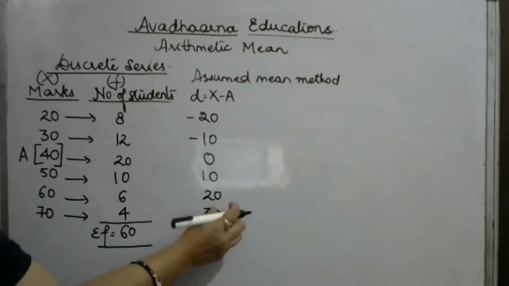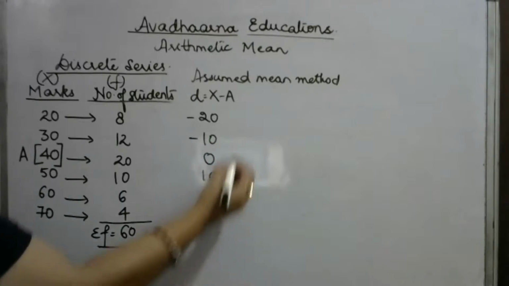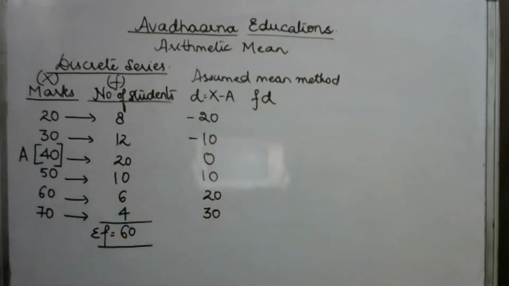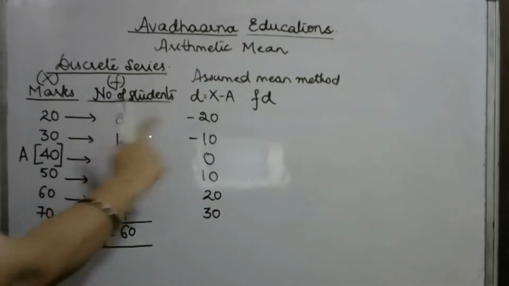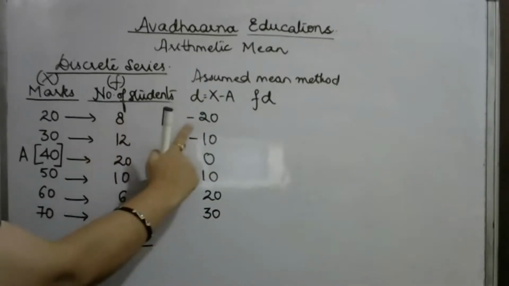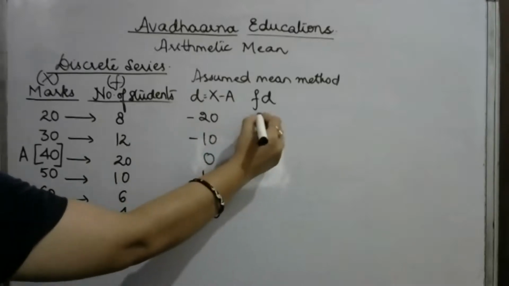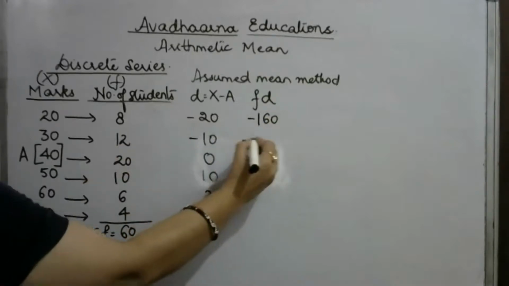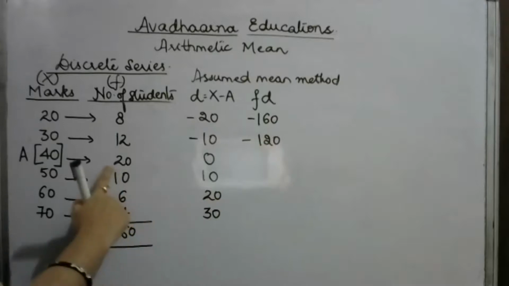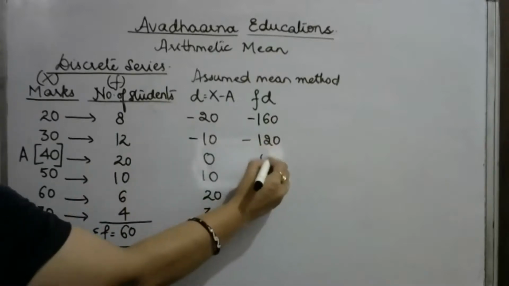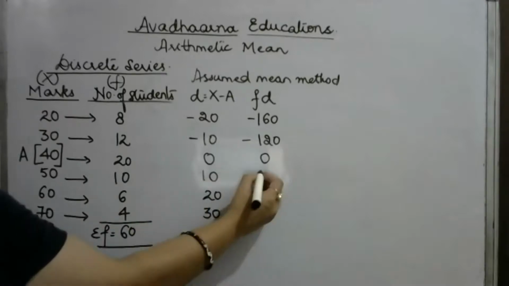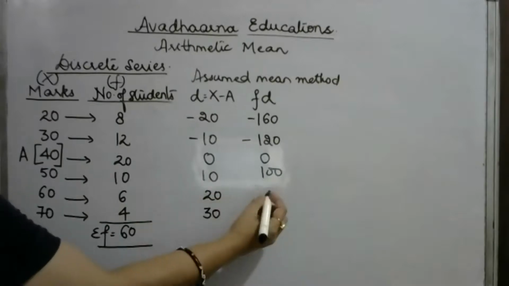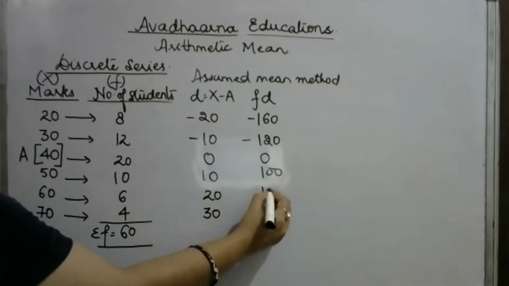These are the deviations. Next step is to calculate frequencies into deviations. We multiply the respective frequencies with the deviations. So 8 multiplied by minus 20 will be minus 160. 12 multiplied by minus 10, minus 120. 20 multiplied by 0 is 0. 10 multiplied by 10, 100. 6 multiplied by 20, it will be 120.